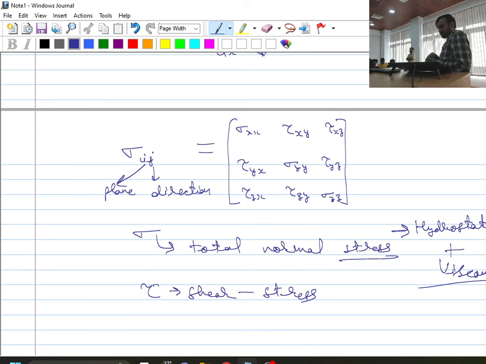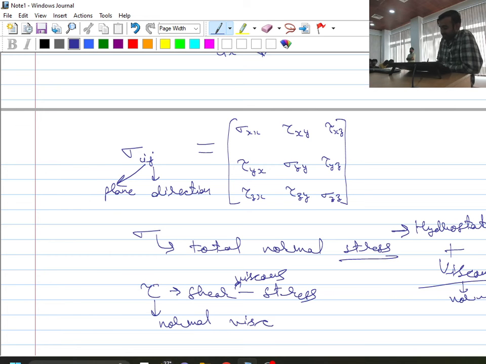That comes as the viscous normal stress. So whenever I refer to the tau symbol, it will include both the shear viscous stress as well as the normal viscous stress. Is this point clear?